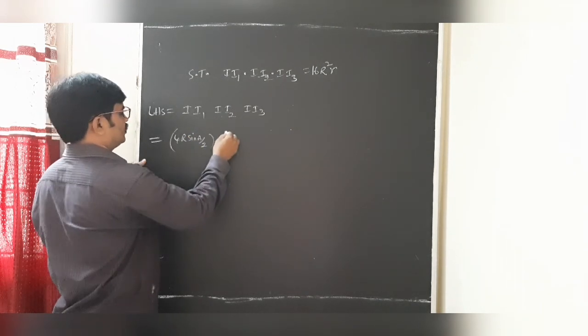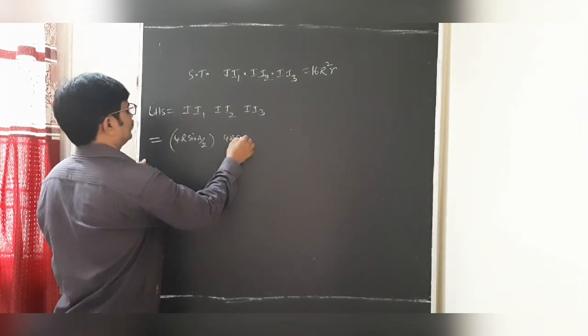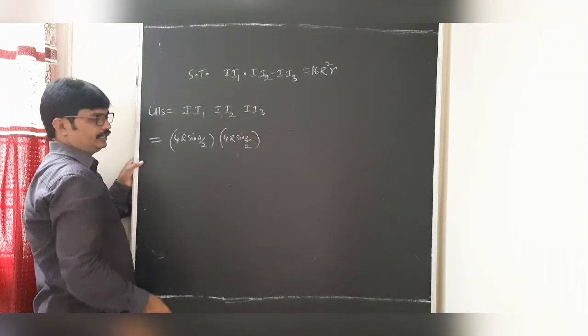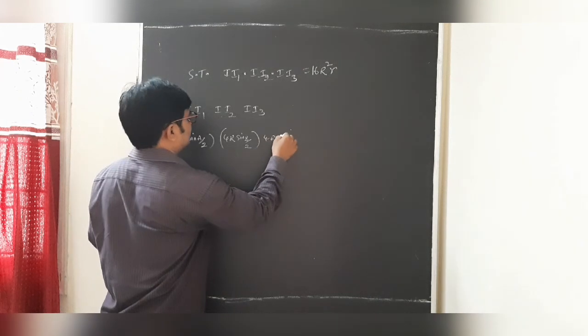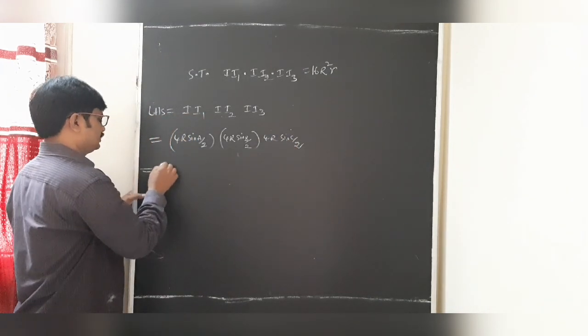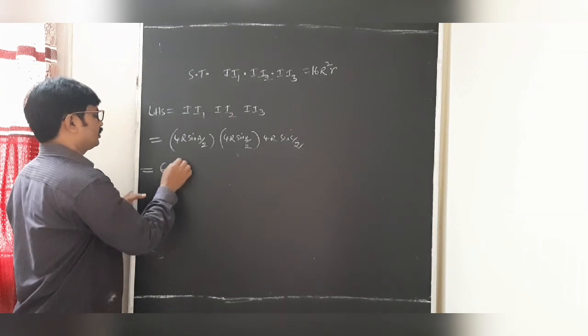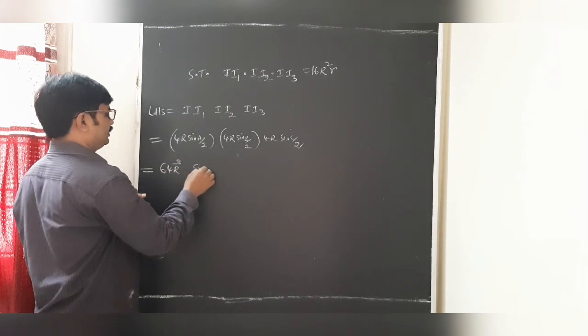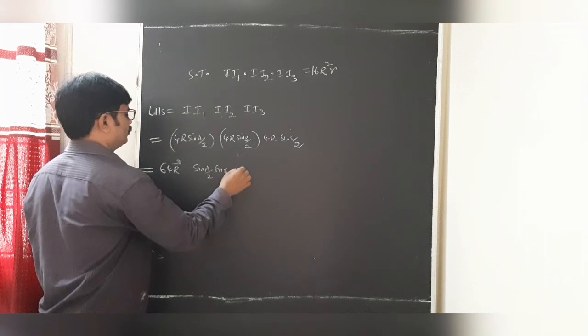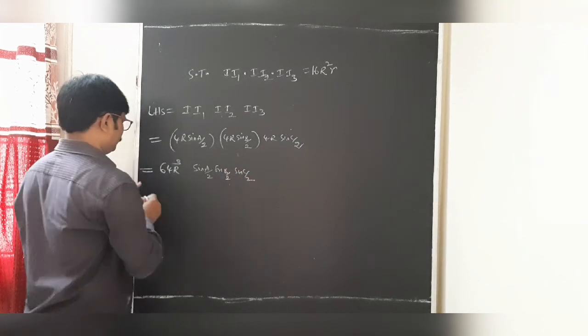What is this, students? This is 4R sin B by 2. And this, I3, is 4R sin of C by 2. My dear students, this is 64 R cube, which we can write as sin A by 2, sin B by 2, sin of C by 2.